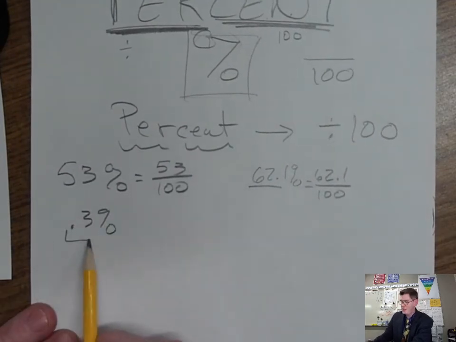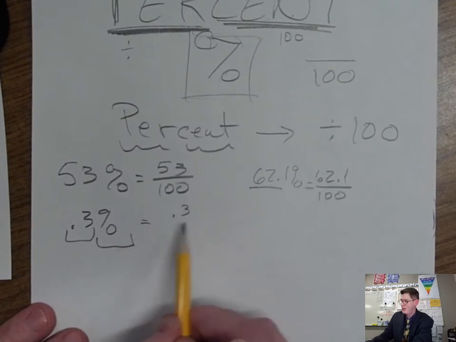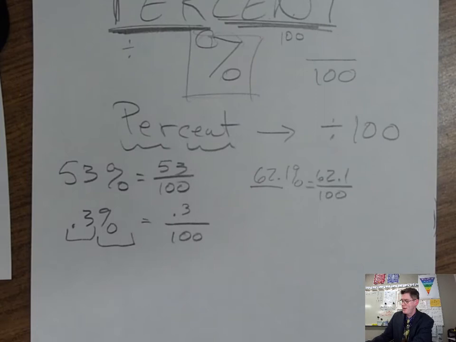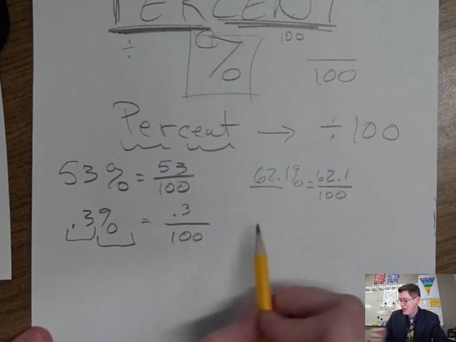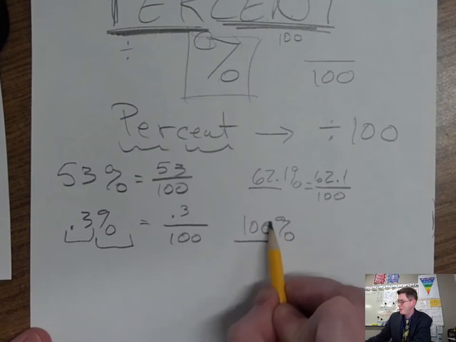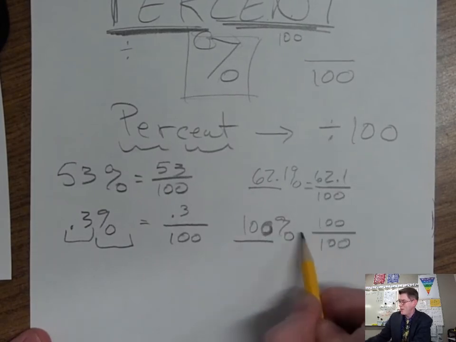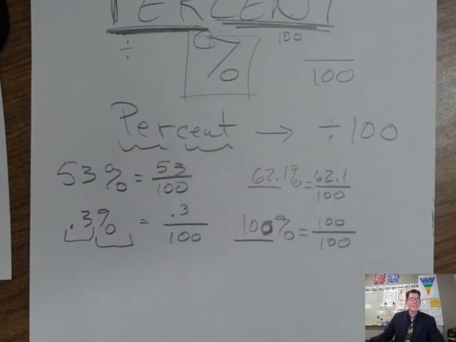Well, it's just that number divided by 100, so it's 0.3 divided by 100. That's all percent is. It's just a way to say divided by 100. So if I want to talk about 100% of you, it's just that number, 100, divided by 100. Now you're starting to see some things, and we'll be having some fun with this word percent.